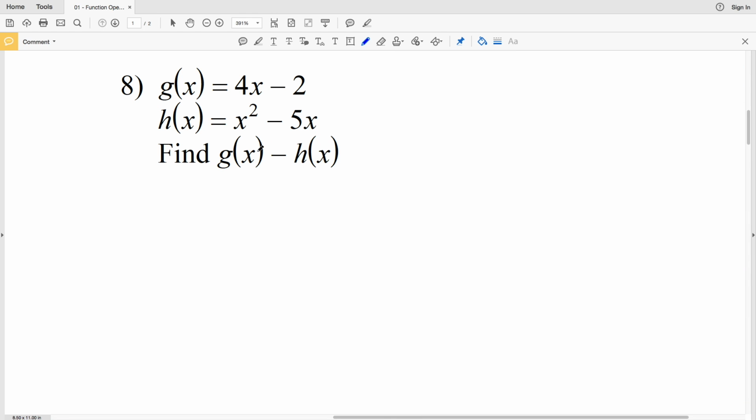Now for 8, I'm plugging in x for g of x and h of x. So I'm just going to write the function g of x and subtract h of x and simplify. So g of x is 4x minus 2, and then I'm going to be subtracting h of x, which is x squared minus 5x.